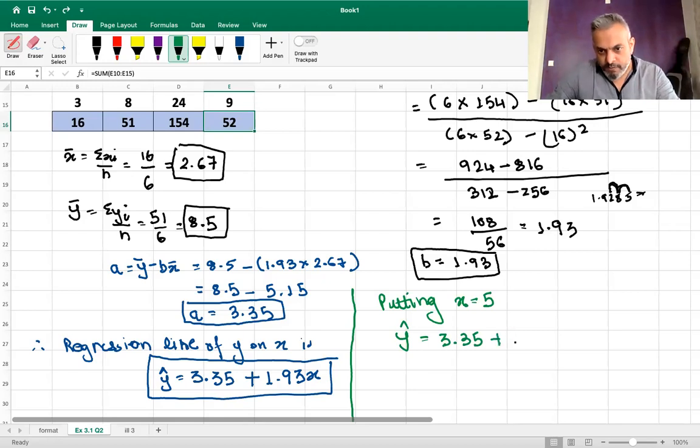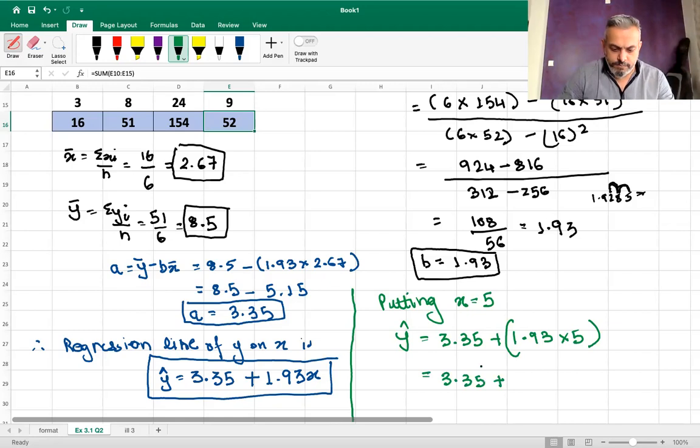plus 1.93 into 5, which is equal to 3.35 plus 9.65, which is equal to 13.